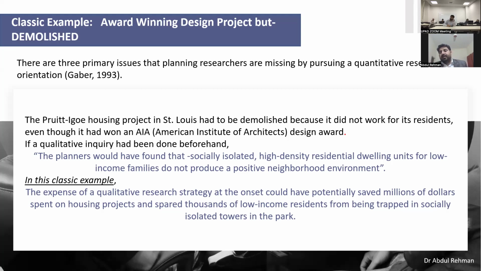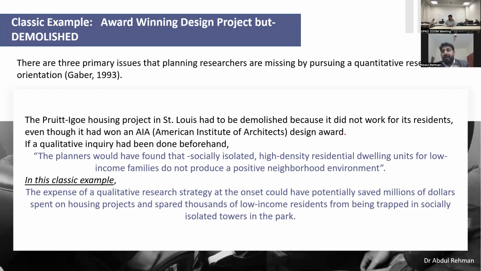So there are two different poles. On one side, there was a project that won the best design award. But after the construction, after the development, that building was demolished. Why?